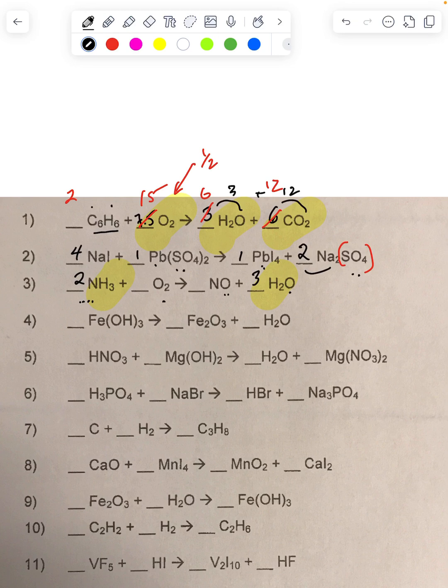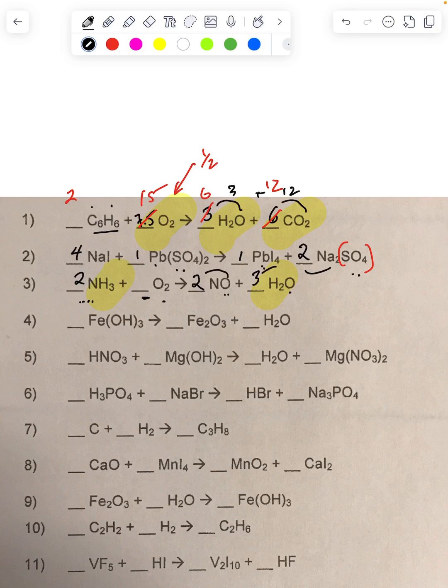Now let's look at what happens to the nitrogens and the oxygens. So I have 2 oxygens on this side. On this side, I have 3 oxygens and 1 more. Okay, so that's 4 oxygens.